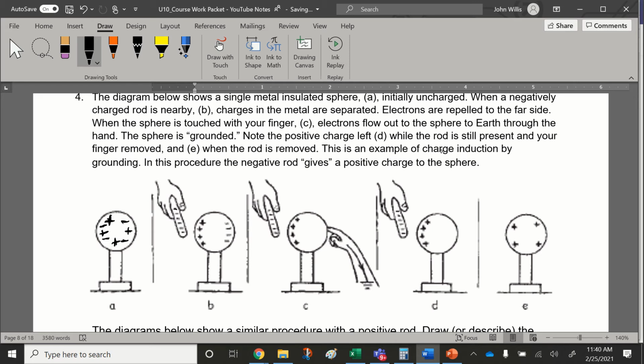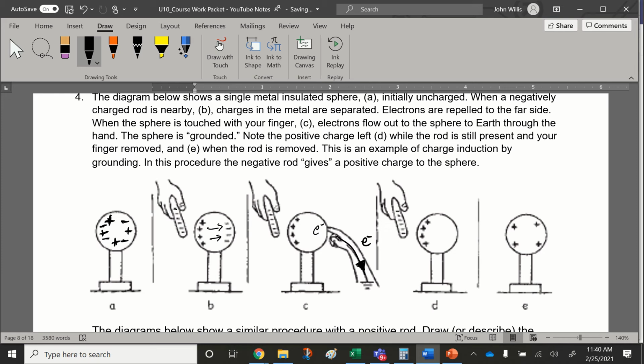The positives don't move, but the electrons will literally migrate over to the other side of the sphere to try and get away from the other electrons that are also on this rod. What you're doing here is the same thing we did with the Van de Graaff generator. You are giving those electrons an escape route. You're grounding, literally. This is an example of grounding.